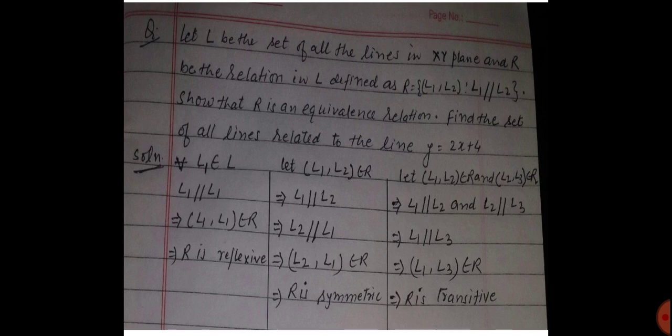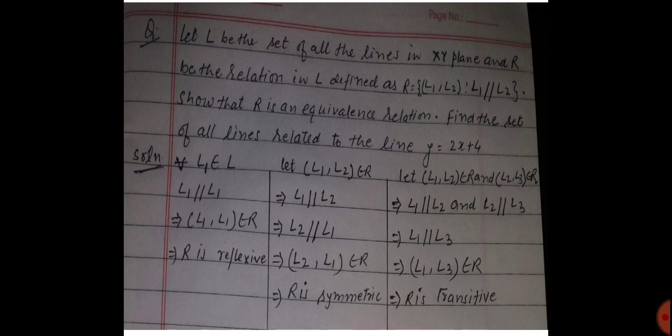Come to the first part of the solution. For every L1 belongs to L. L is what? L is the set of the lines in the xy plane. As we all know from class 6, every line is parallel to itself also.